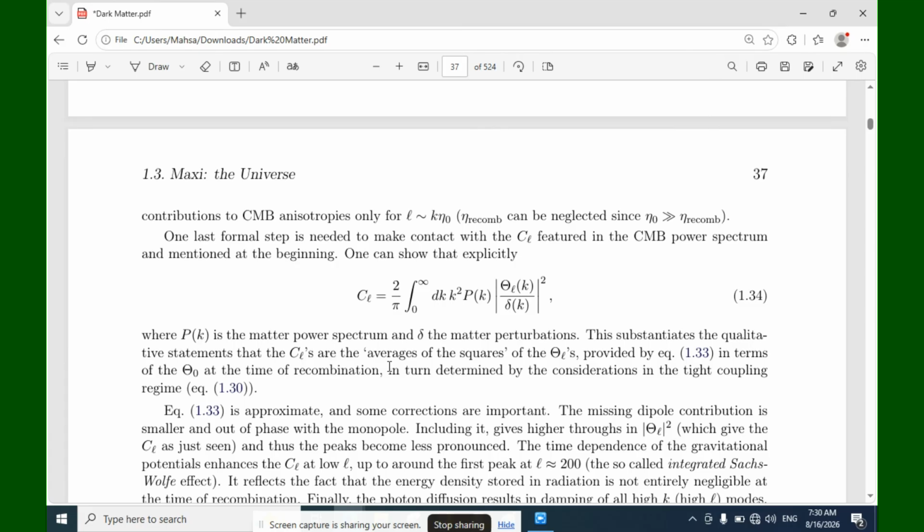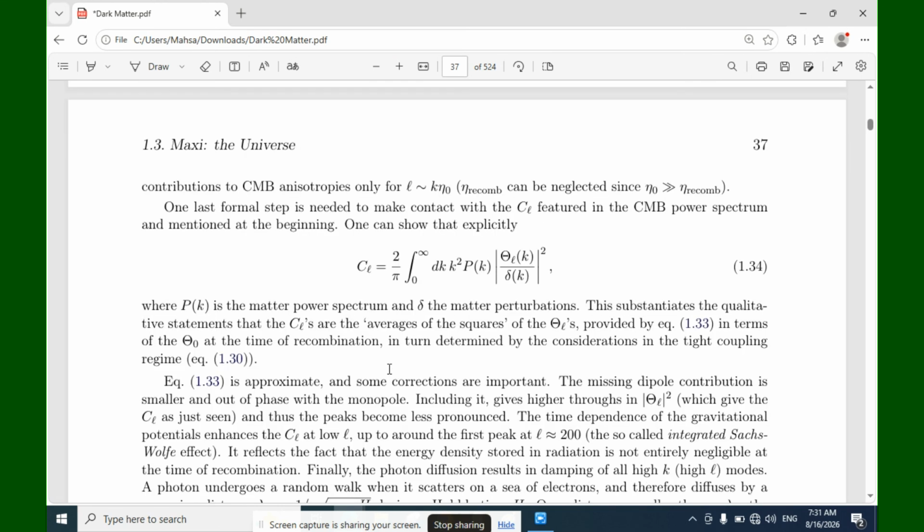This substantiates the qualitative statements that the C_l's are the averages of the square of the theta_l's provided by equation 1.33 in terms of the theta_0 at the time of recombination, in turn determined by the considerations in the tight coupling regime, equation 1.13.